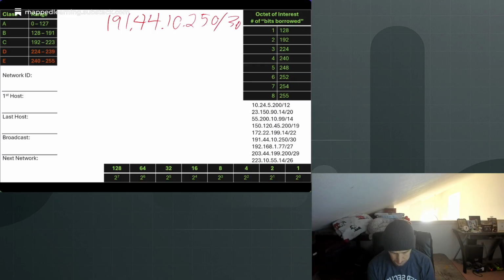191.44.10.250/30. Okay, 8, 16, 24. It's 6 into the last octet. So again, 255.255.255.252. Again, magic number 4. 4 goes into 250? Nope, not quite.